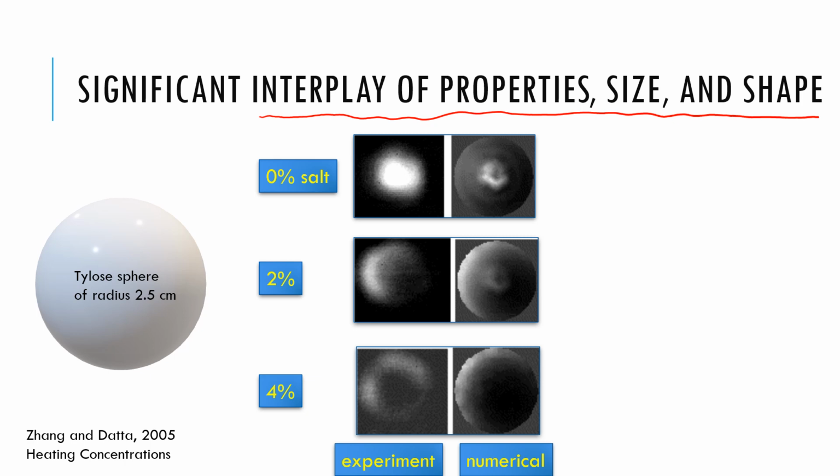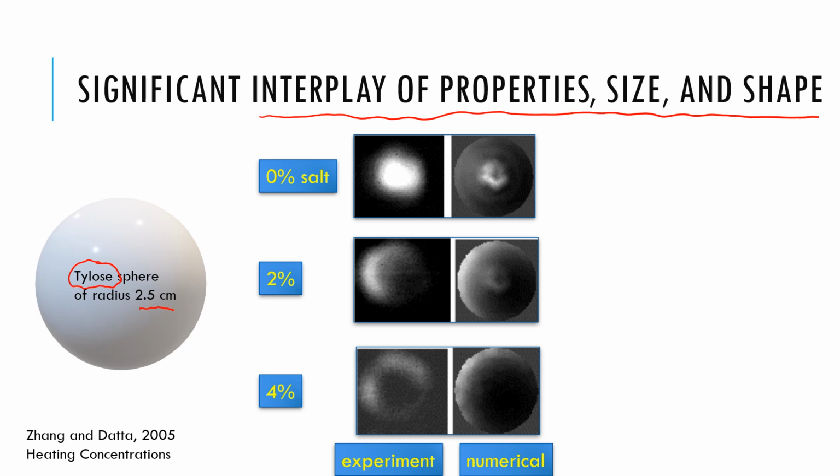So this one is for a sphere of 2.5 centimeter radius, and it's a sphere of meat or meat analog. That's the tylose, so it has properties close to that of beef, and this is being heated in a domestic microwave oven, and we have two sets of results.